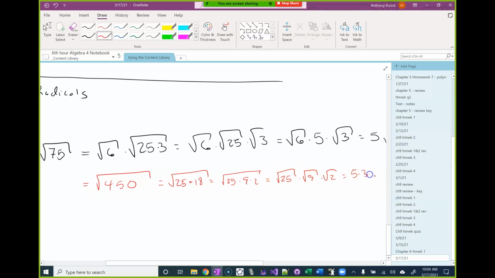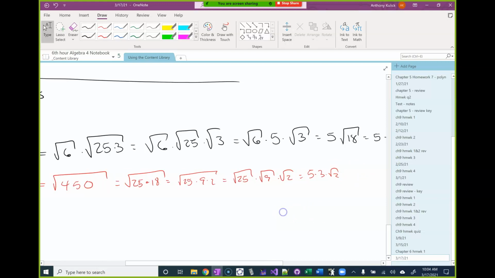Okay. So what's the advantage or disadvantage of doing the multiplication first? Well, it's a bigger number, so maybe you can make more mistakes. Okay. I think the bigger number just means it's going to be harder to break it apart, right?